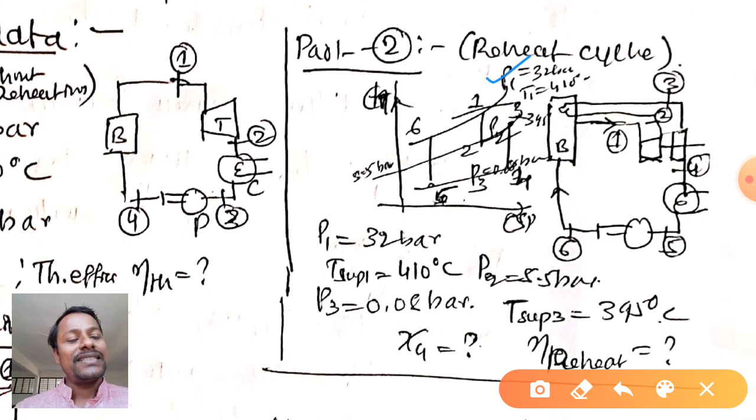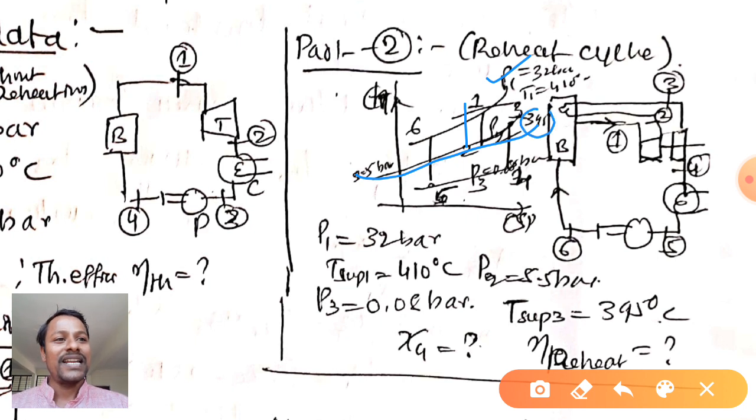After that the steam undergoes expansion inside the turbine in the process 1 to 2. Then it goes for reheating at 5.5 bar pressure, as he has mentioned. This is the 5.5 bar pressure line, and at point 3, after reheating to 395 degrees Celsius, it again undergoes expansion isentropically till state 4, that is 0.08 bar pressure.